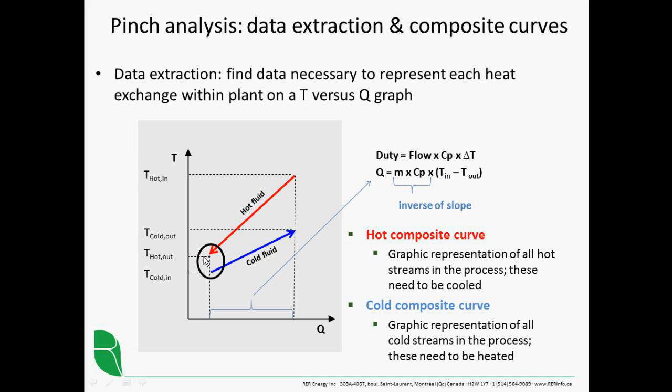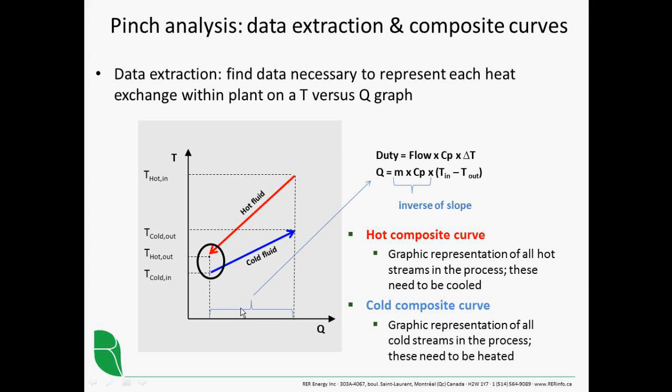And if the flow rates are fixed, and the CP of the stream is fixed, then that also fixes the duty or the Q. So this difference between this point and this point is fixed by a calculation of the mass flow rate times the CP times the difference in temperatures. Note, however, that while the temperatures are fixed, we can shift these curves left and right as we want.